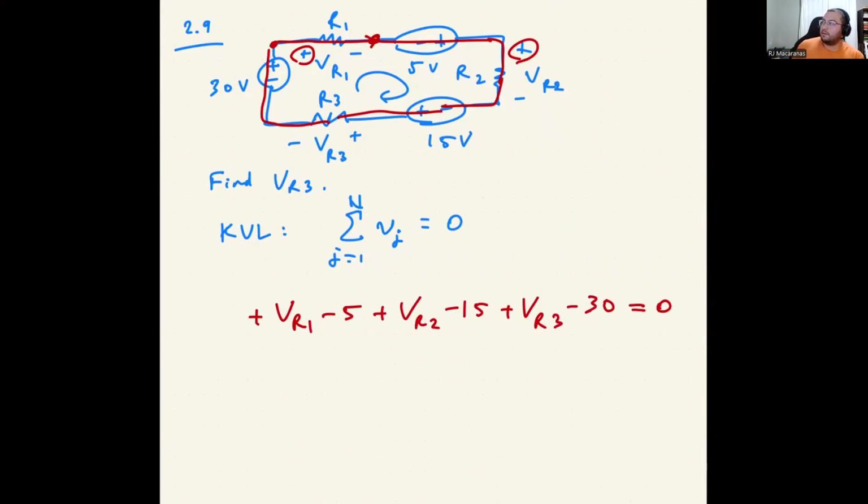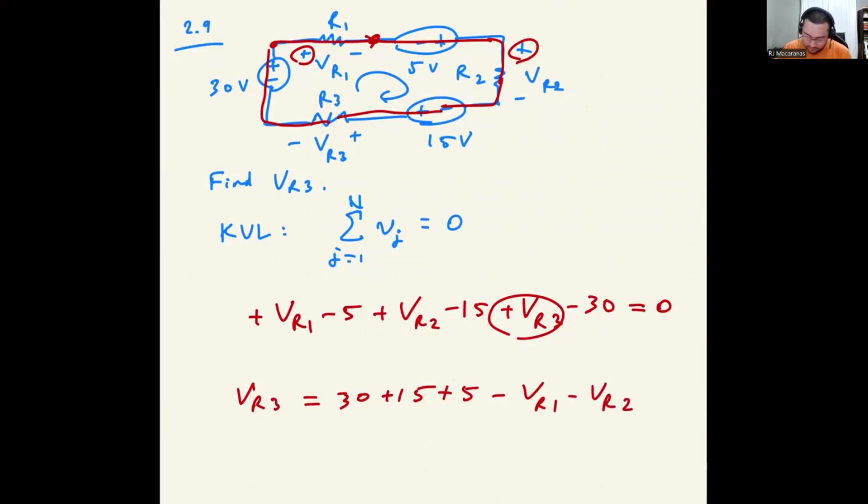To solve for VR3, I just take VR3 and I move everything else over. So I've got 30 plus 15 plus 5 minus VR1. This would require us to know what VR1 is. Oh, and sorry, I missed VR2, so minus VR2.